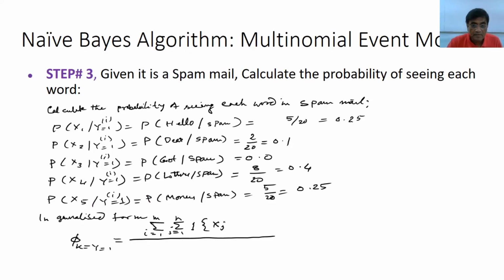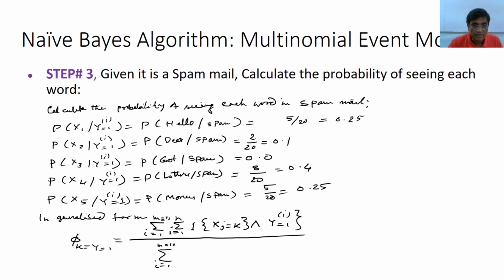X_k times equal to 1, and i equals to 1 to m. Here m is I think 10, right?